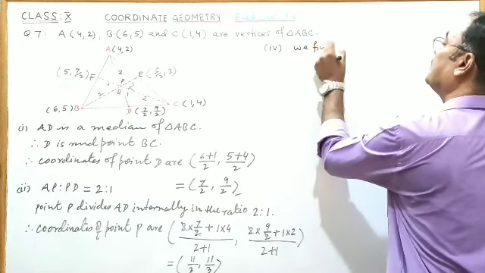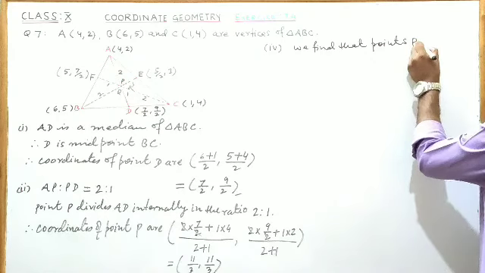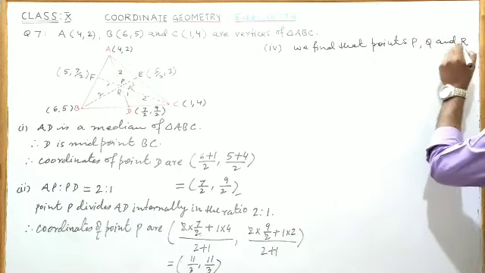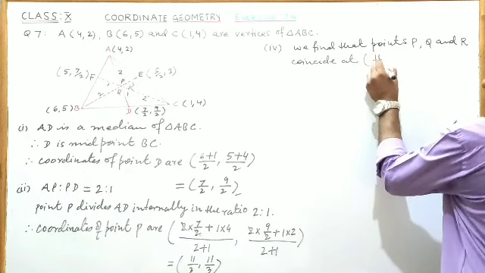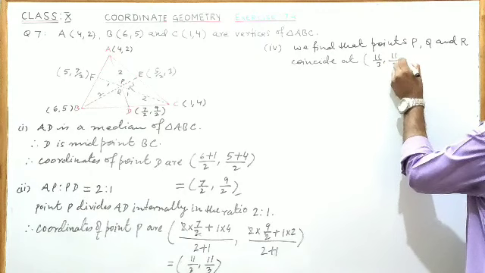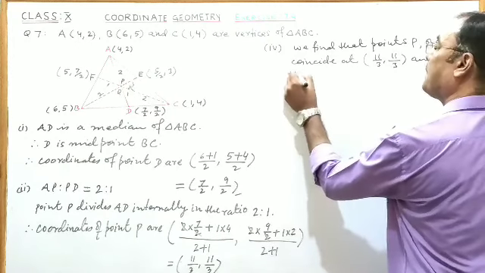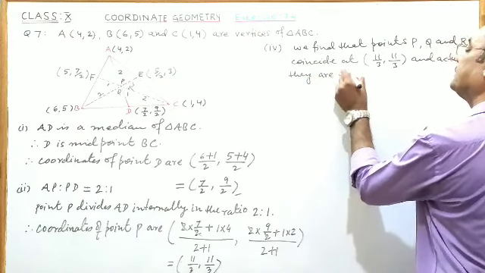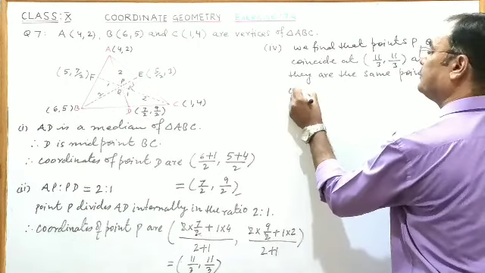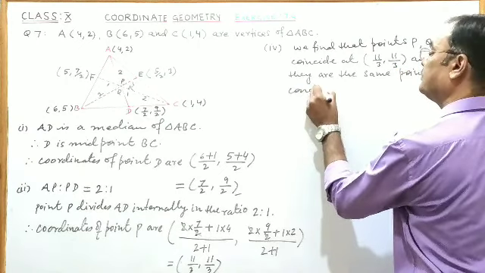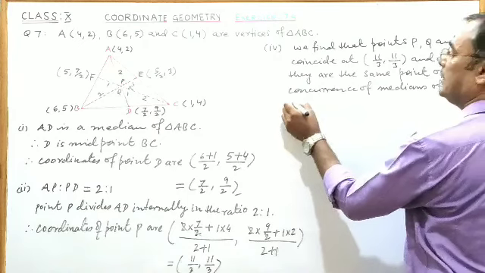So we find that points P, Q and R coincide at 11 by 3, 11 by 3 and actually they are the same point of concurrence of medians of triangle ABC.